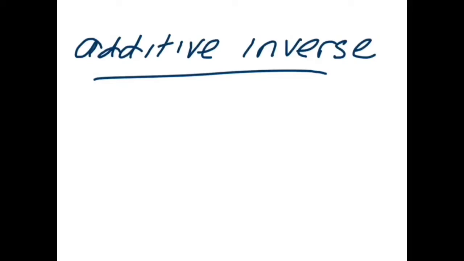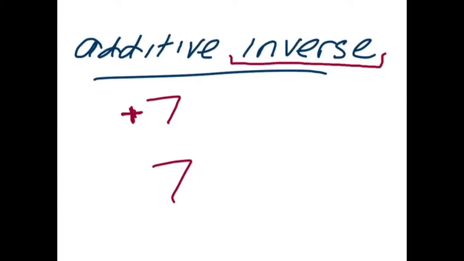Okay, additive inverses. Let's pick the number 7, and the number 7. When you invert something, you sort of turn it upside down, or you do the opposite, right? So additive inverses would be the same number, 7 and 7, but with their signs being opposites, positive and negative.